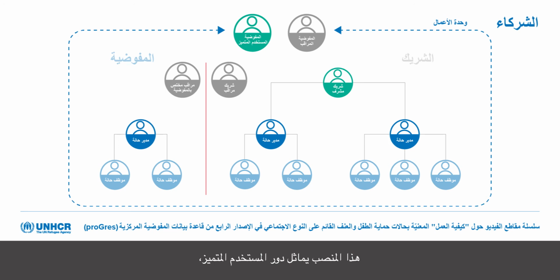This is similar to our super user role, but it is only accessing the partner information. So that partner supervisor has the ability to read all of the case files within the partner organization. The same rules apply to the caseworker and to the case manager as they do within the UNHCR roles.